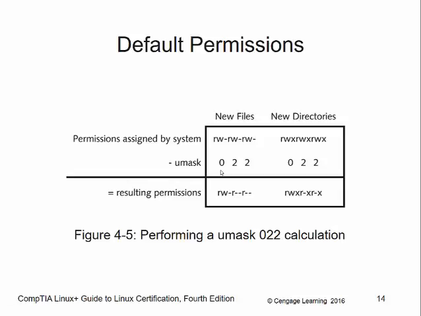The system says, okay, anytime somebody touches a new file, whatever permissions it's going to have will be 777 minus the umask. So in this case, 777, read, write, execute, minus 022, right? Let's take a look at that real quick.